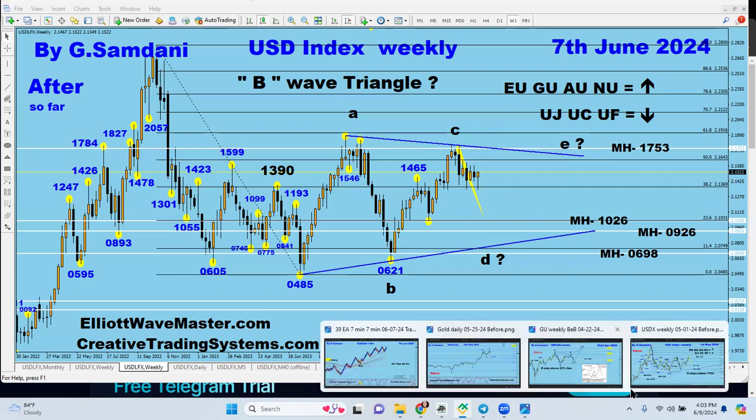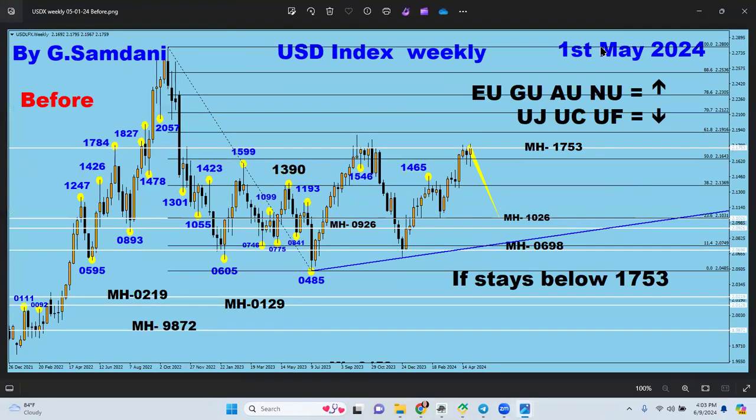By the way, this is the chart that I made on the 1st of May, right? And saying that this is the key number, 1753, and we can drop from there to the downside, right? And if we drop, then we can go to 1026 or even lower. It's just a direction that if we drop and continue dropping, then this would be the next level.